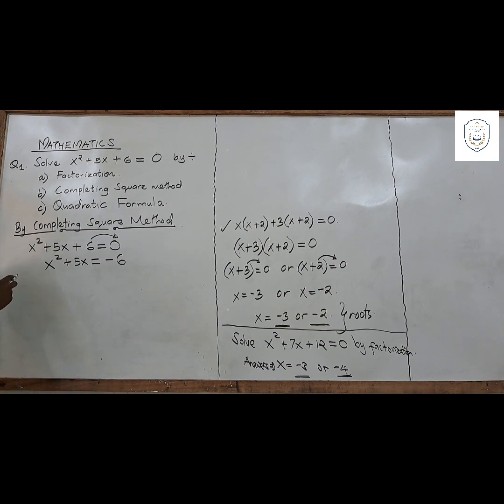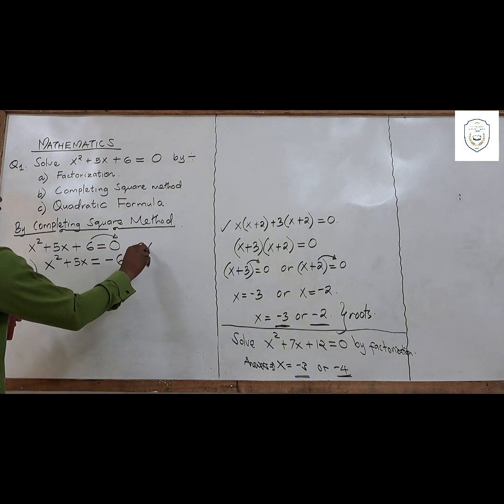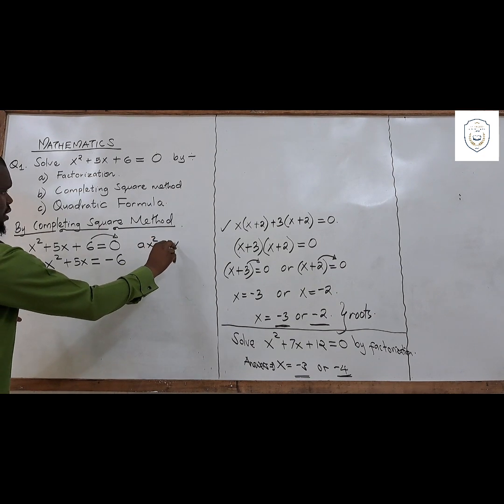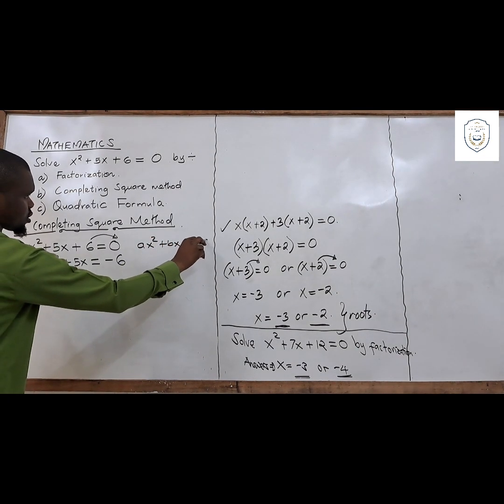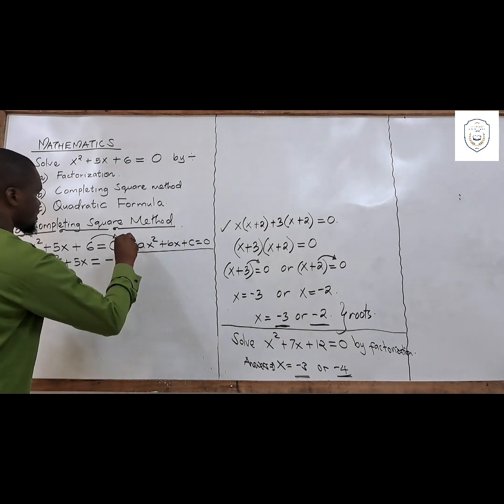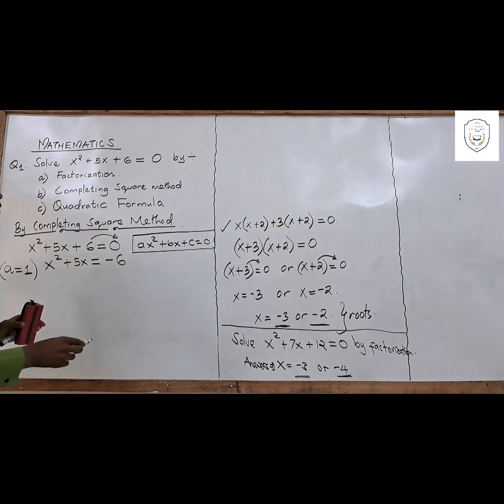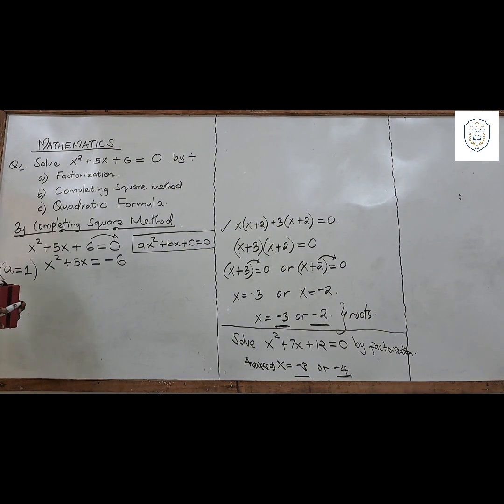In this question, the value of a is actually 1, because we have agreed that ax squared plus bx plus c equals 0 is the format of a quadratic equation, and there is no other number next to the x squared. So the coefficient of x squared is 1.